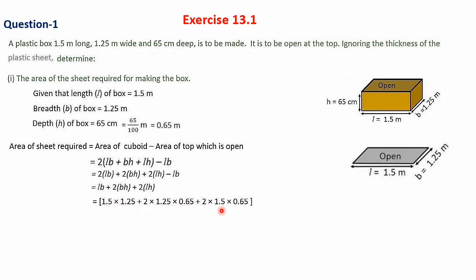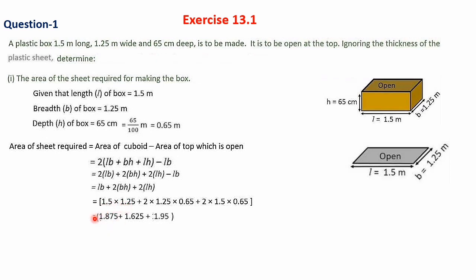Here I am not showing the rough calculation. What you are supposed to do is the calculation on the right side of your notebook. When you write this answer, on the right of this answer you have to do the rough calculation. That is 1.5 into 1.25 you have to multiply.